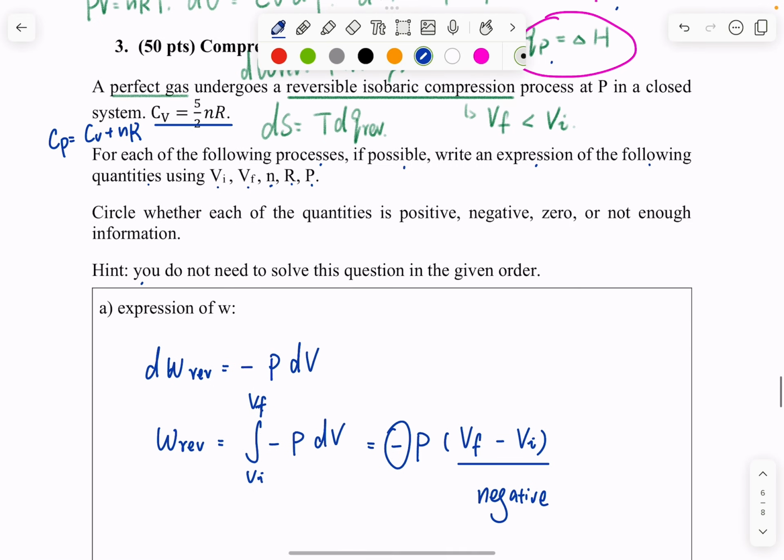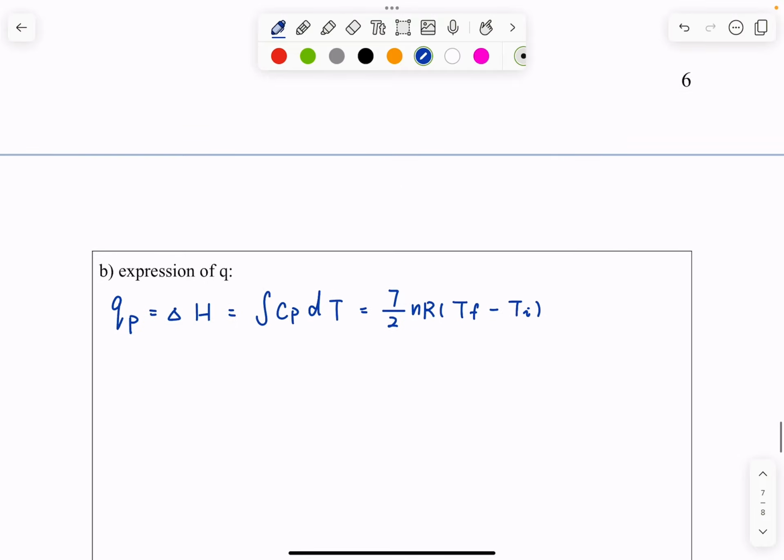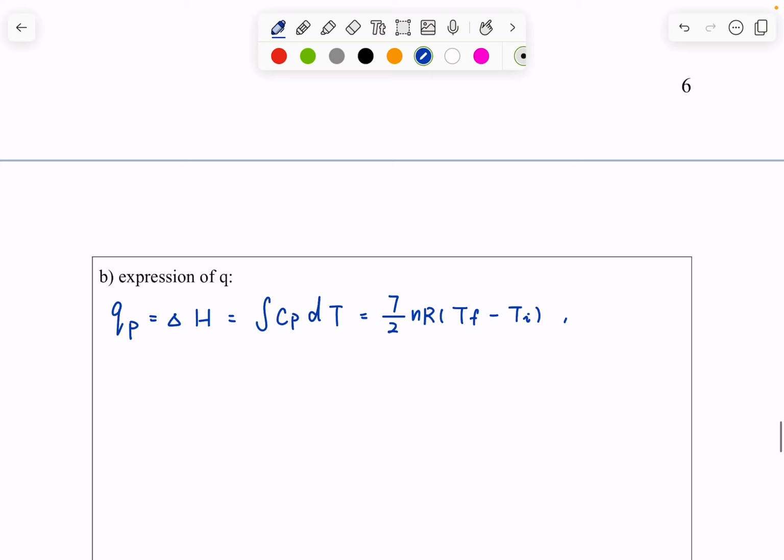Now we want our expression in V final, V initial, n, R, and P. So we translate that T final minus T initial using PV equals nRT. Right, so that becomes 7/2 nR times PV final over nR minus PV initial over nR.